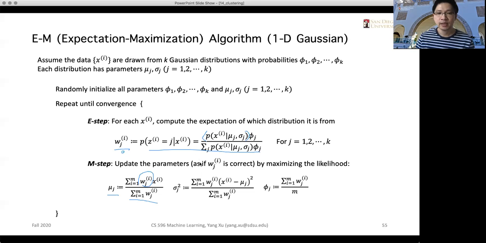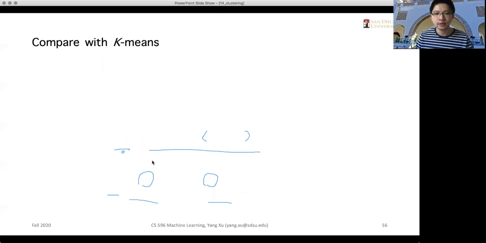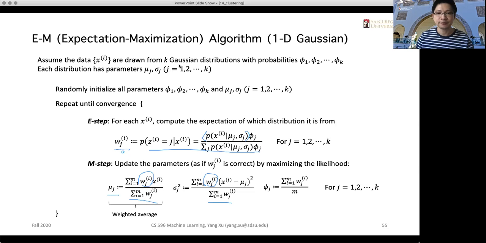And the sigmas will be the weighted summation of all variance, weighted by W of J and normalized by the summation of W of J. And so is the phi of J. And we do this for all the J values from 1 to K. This is the so-called EM method. So all these values are the weighted averages estimates for mu, for sigma, and for phi's.